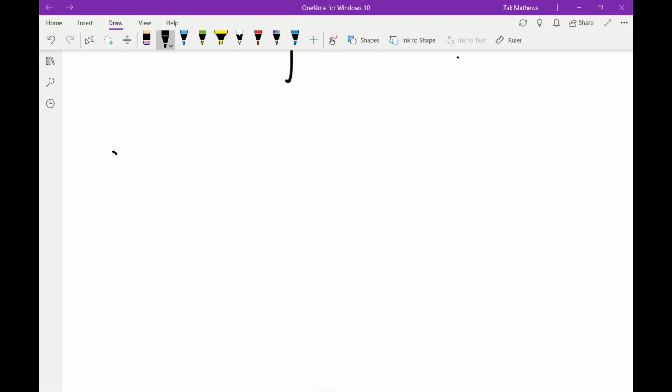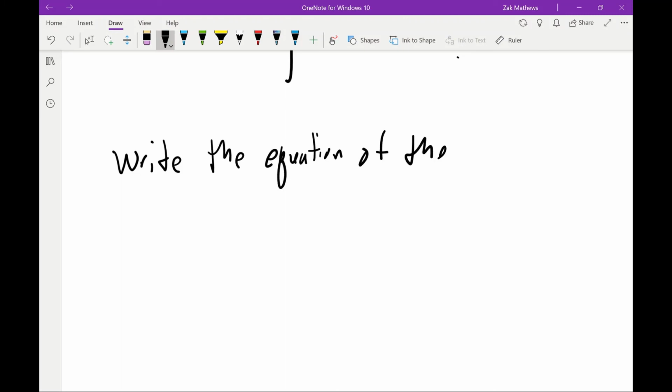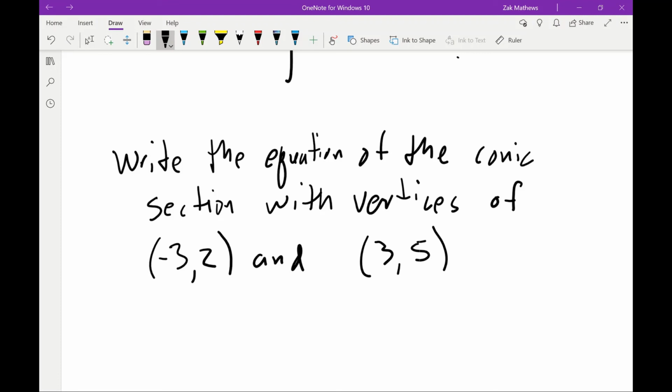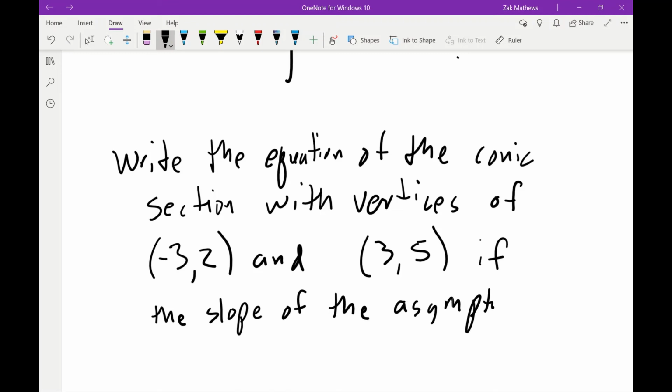So write the equation of the conic section with vertices of -3, 2 and 3, 5, if the slope of one of the asymptotes is 1/3. And let's see how we're going to do this.